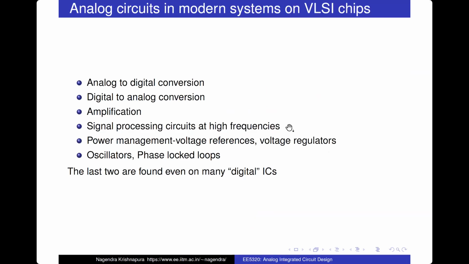As technology progresses, the highest frequency signal that can be processed keeps on going up. That is, the highest frequency at which you can process digital signals keeps increasing also.